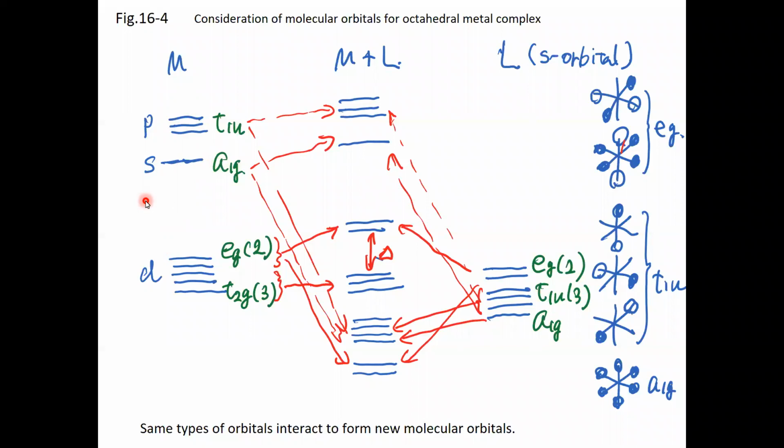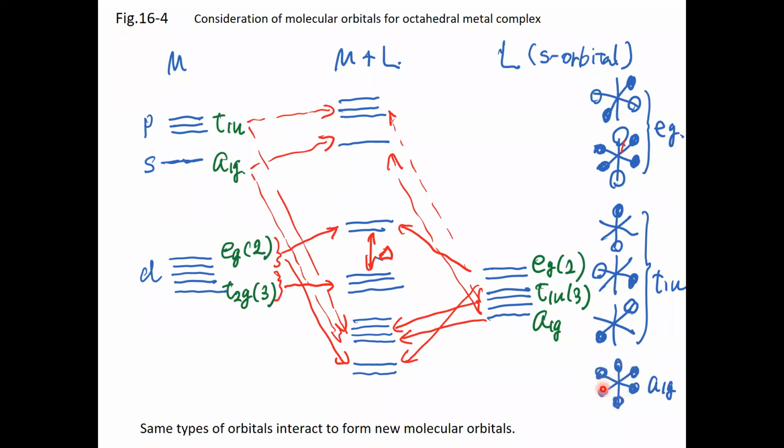Now we also think about the ligand structure, and we think about a very simple ligand structure with an s orbital, in an octahedral structure. The simplest one is where all the s orbitals have the same phase, making this kind of molecular orbital. I would like you to remember that molecular orbitals are made of linear combinations of atomic orbitals.